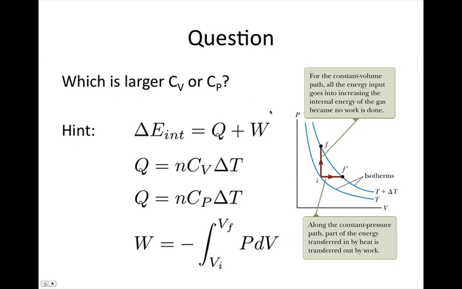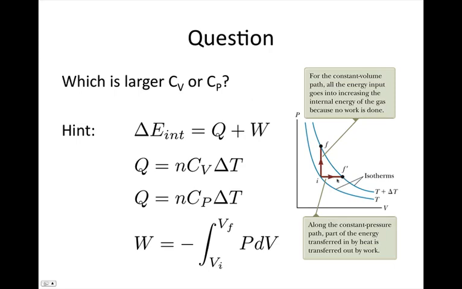Okay, so to answer this, the change in internal energy is the same for both cases, but the work done is different between the two cases. For the constant volume case, there is no work done, so the change in internal energy is just going to be due to the heat added. For the constant pressure case, the work done is equal to the area under the curve here.